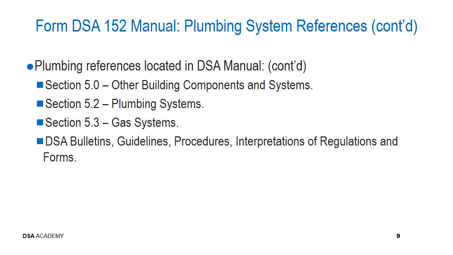Some additional DSA manual sections that may be helpful to the project inspector are Section 5.0, Other Building Components and Systems, Section 5.2, Plumbing Systems, and Section 5.3, Gas Systems. There are also additional helpful resources on DSA's website, which include DSA bulletins, guidelines, procedures, interpretations of regulations, and forms.